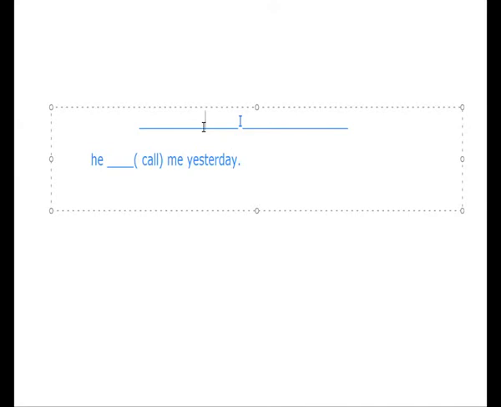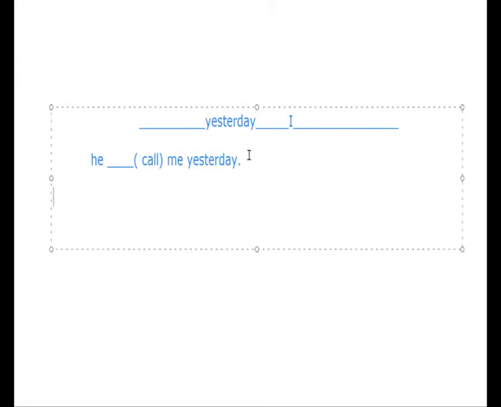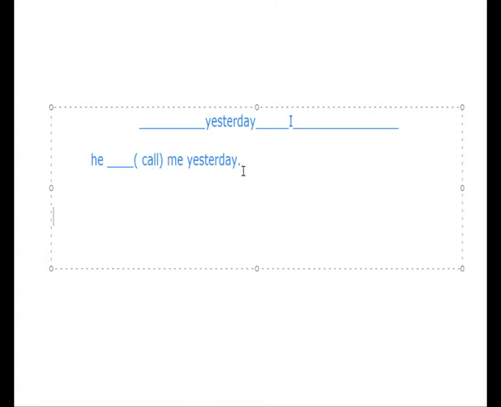So obviously here you have to put yesterday. And in the past, one action completed. Now blindly remember, if you want to express one action in the past, that is always V2. Now what is this V2? V1, V2, V3.